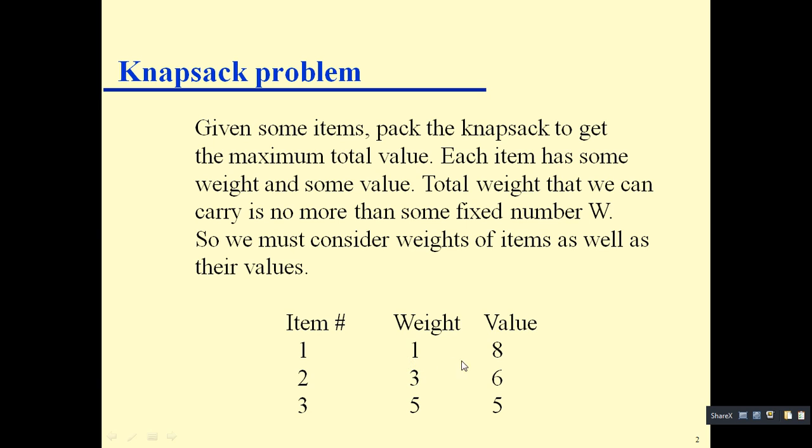So if he is picking item 1, then he will get the value or cost 8, and if he is picking this one, then he will get the value 6. But he can pick both because the capacity of his knapsack is 4 kg. Okay, so he can pick these 2 items, means item 1 and item 2, with value 14. Okay, so this is one kind of solution, right.